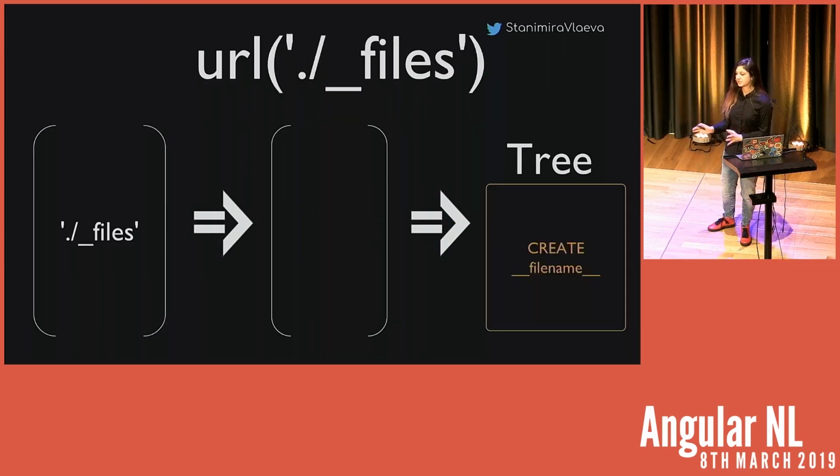For example, a source factory is the function URL, which is provided, again, by the library Schematics. So when we provide URL and some path, what happens is that we get a source, basically a function that will return a tree, and that source, when we invoke it to get the actual tree, will contain actions.